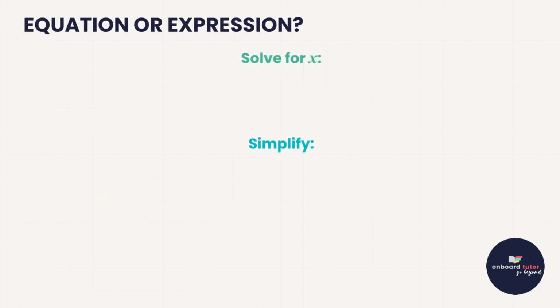Another thing that's important for us to know is the difference between an equation and an expression. If the question that they give us says solve for x, then generally what we'll have is something like 2x plus 17 equals 21. And then you can solve, and what is important to note here is that there is an equal sign present. That makes it an equation.